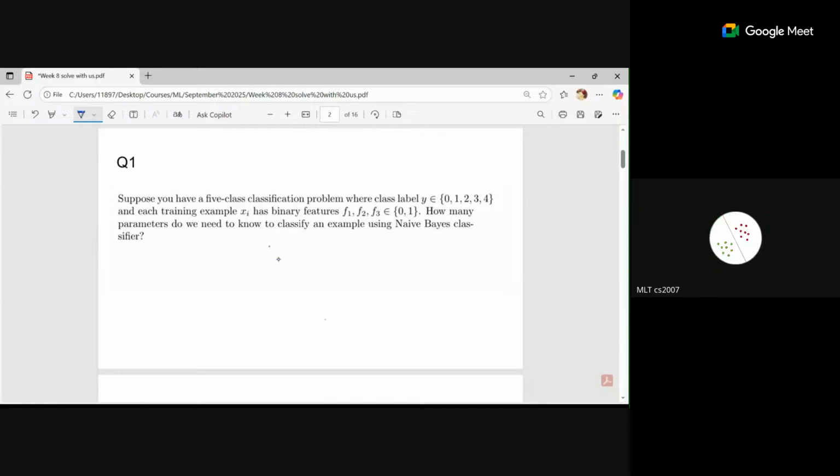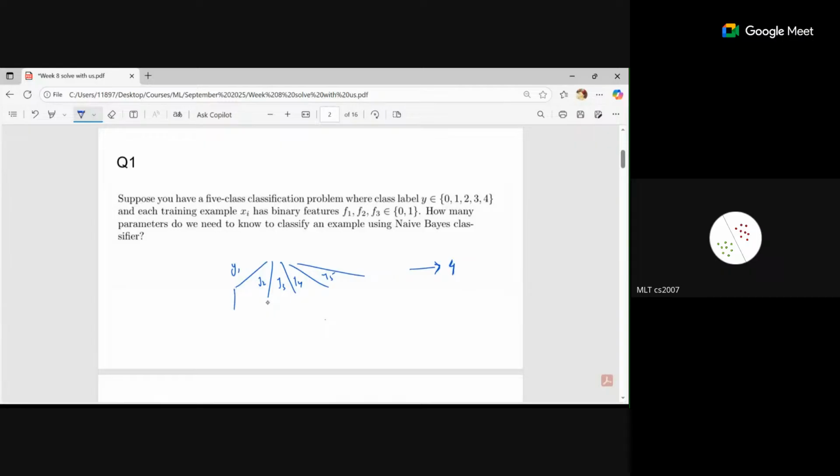Now, we have 5 classes. So you should have 1, 2, 3, 4, 5, right? So y1, y2, y3, y4, y5. And if we know any 4, the fifth one should be known to us. So from here we need 4 parameters.